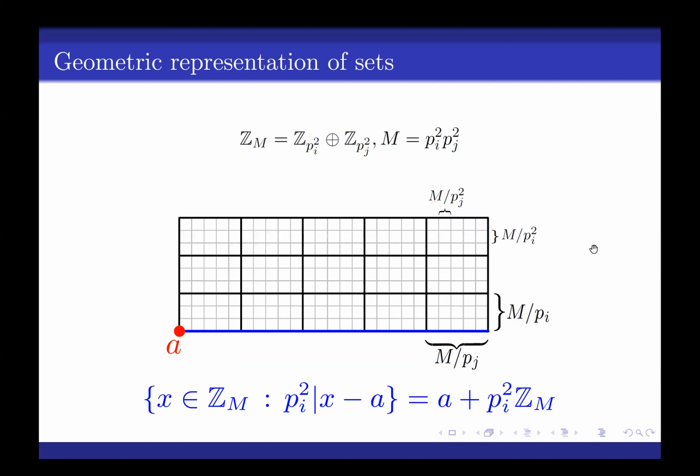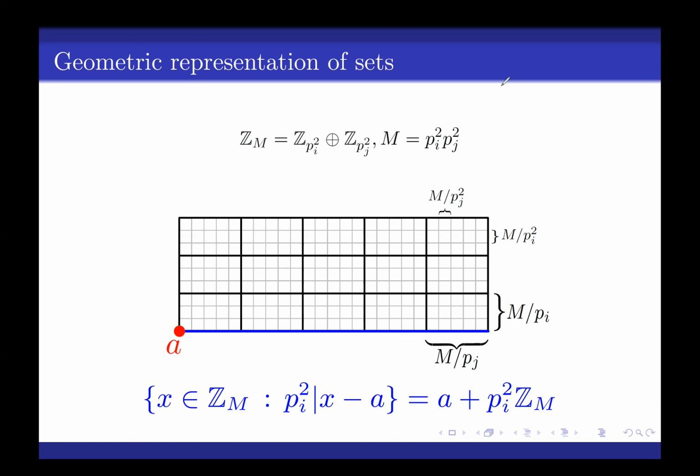I'm not sure it's clearly visible in this picture, but what I tried to denote here is the line passing through the point A. This is the bottom line right here, which is supposed to be in a different color. That entire line signifies the coset of all elements whose difference with A is divisible by pi squared.